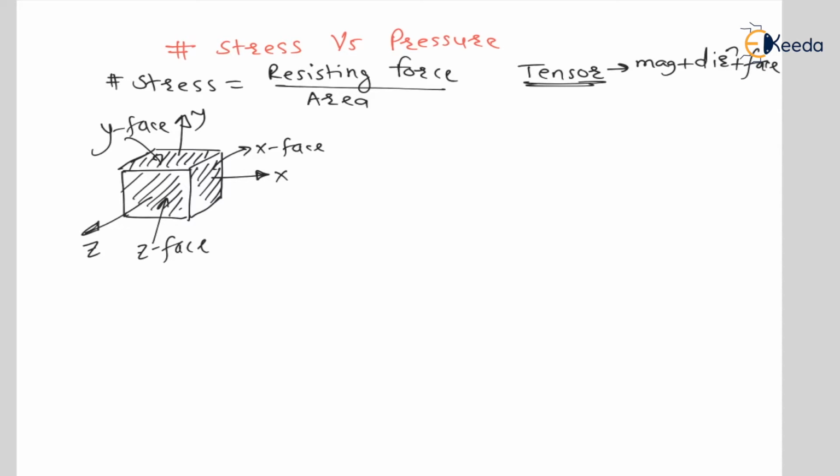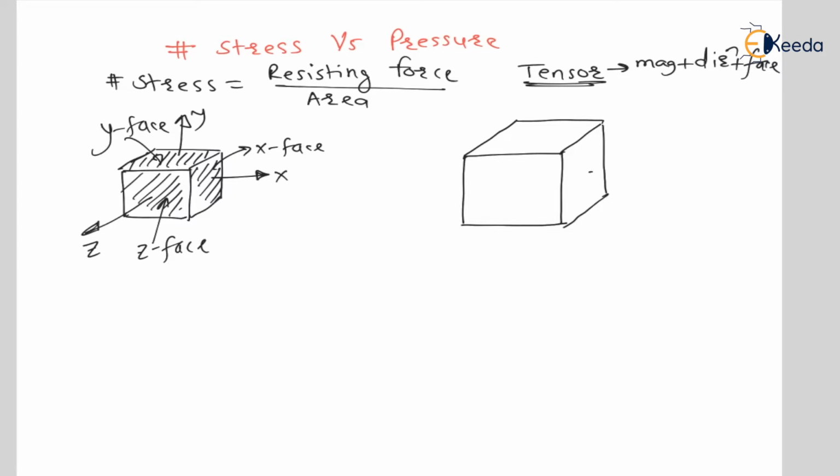Now, if I consider one 3D element, if the load is normal to the area, it is normal stress represented by sigma. And if the load is shear to the area, or parallel to the area, then it is shear stress represented by the letter tau.